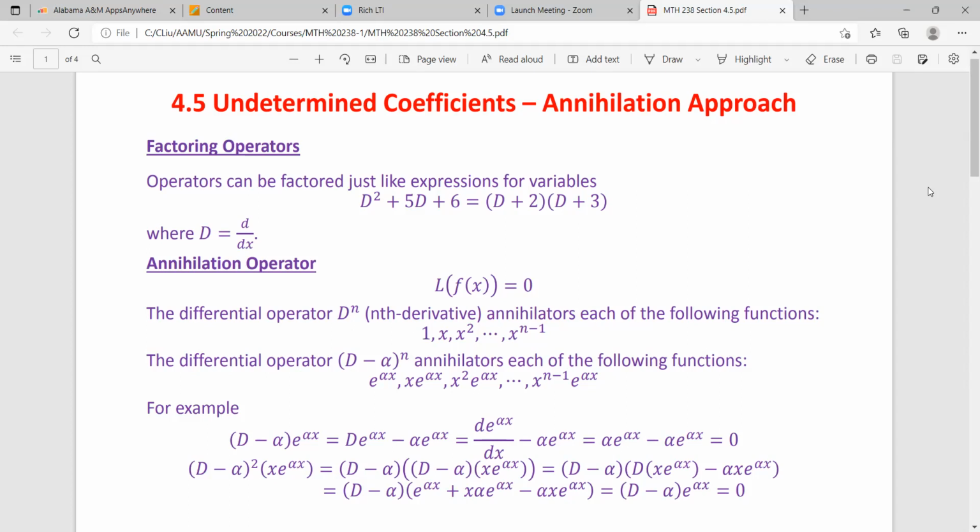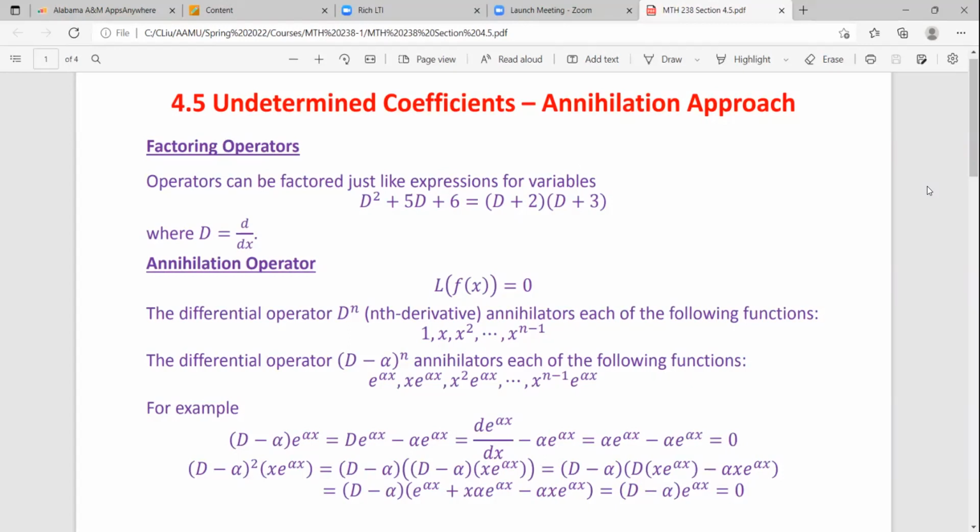So how can we find these annihilator operators? It turns out that the differential operator D to the n, which means the nth derivative, annihilates each of the following functions. For example, you can annihilate a constant by the first derivative.